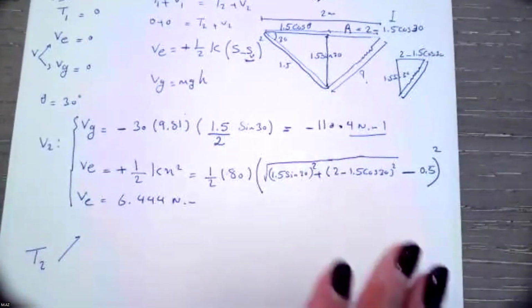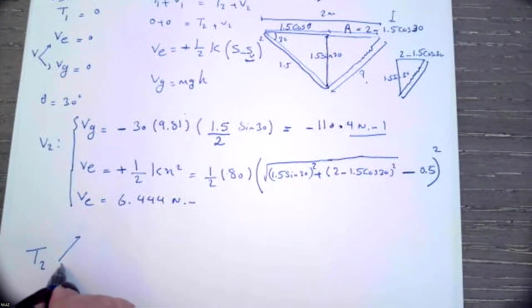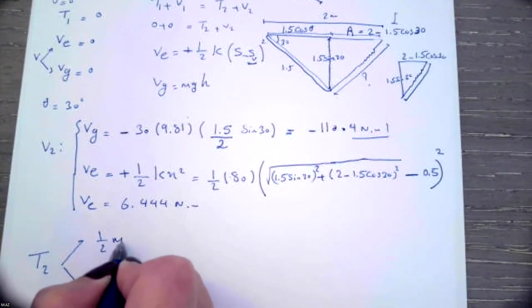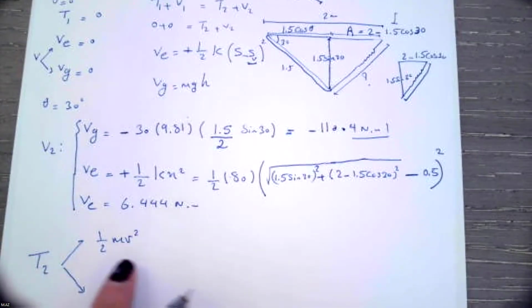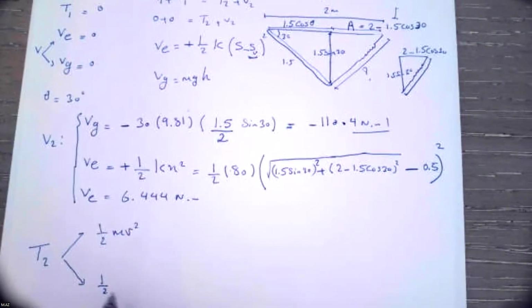For the kinetic energy of a rigid body, we have two components. Half of m v squared is about translation, and this is about rotation. The summation of these two components shows the kinetic energy at position 2.